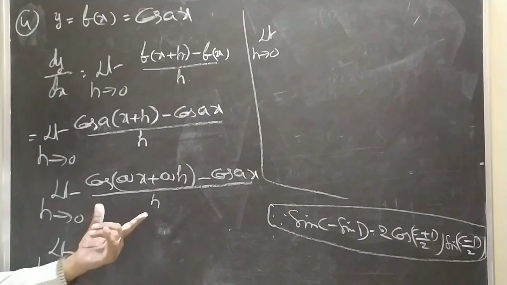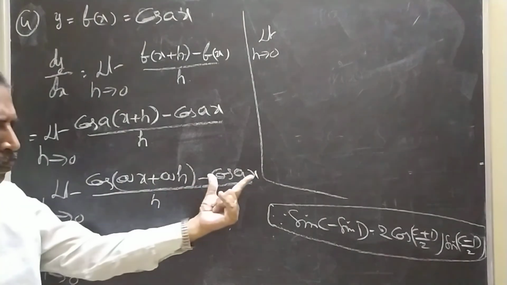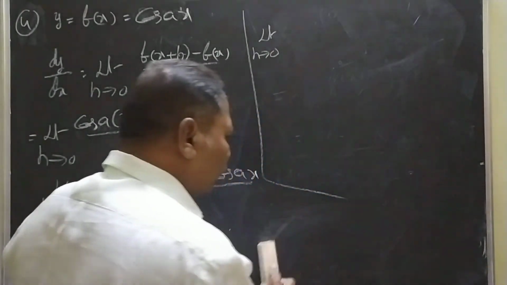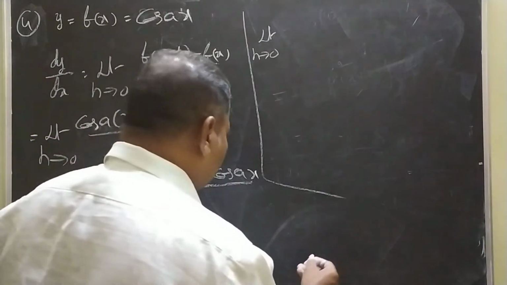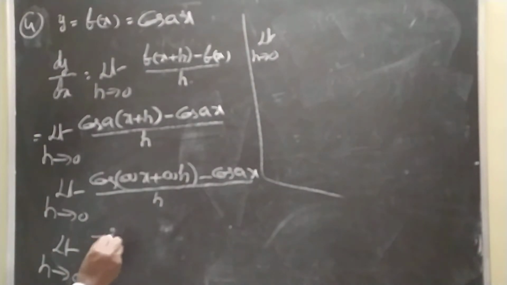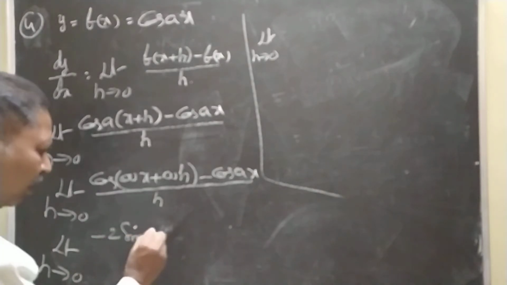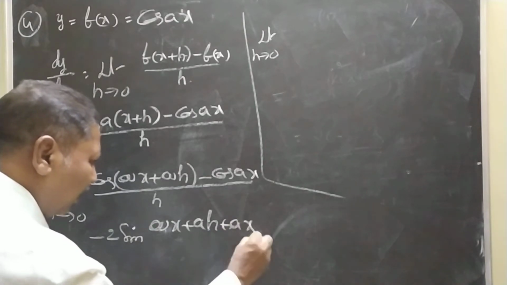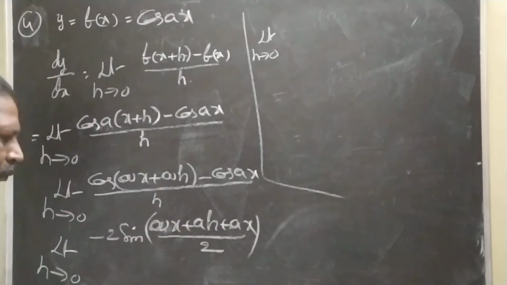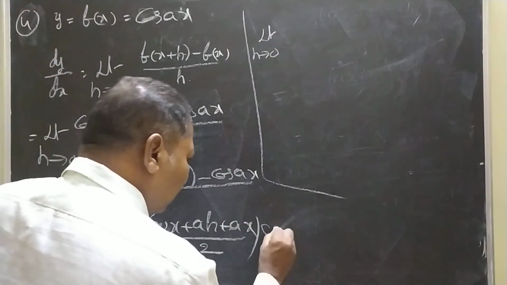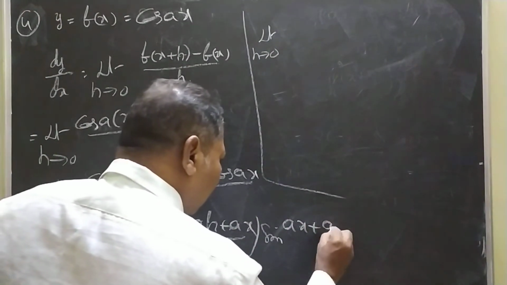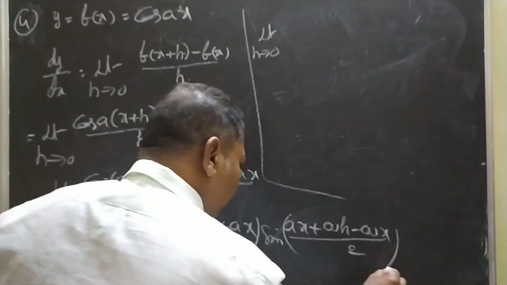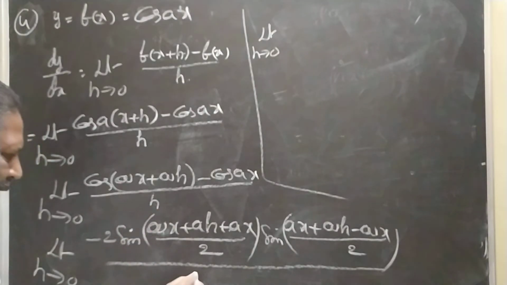This is a cos c minus cos d formula. Cos c minus cos d equals minus 2 sin of c plus d by 2, into sin of c minus d by 2, whole divided by this h.